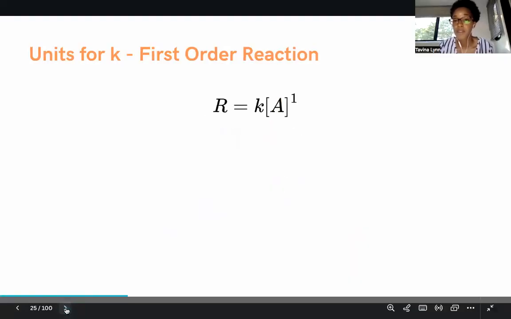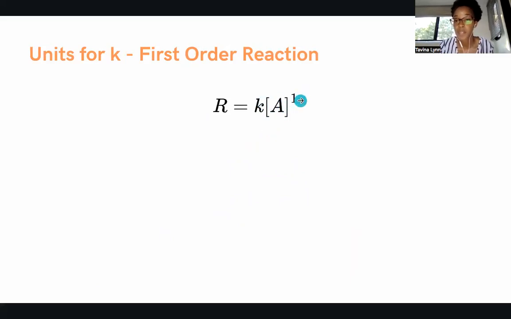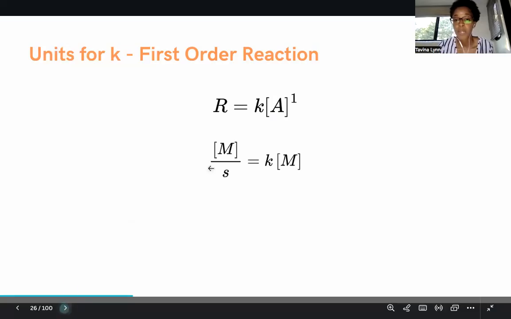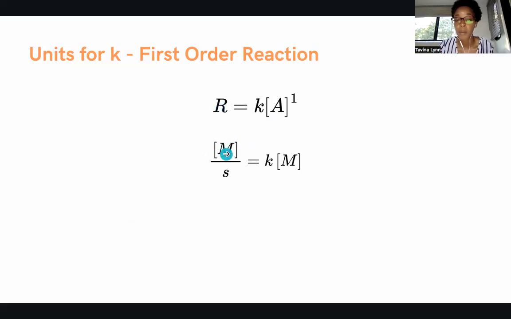Now let's look at a first order reaction where our rate law is rate equals K times the concentration of A raised to the first power. This is a first order reaction rate law. So plugging in our units for our rate, molarity per second is equal to K. Our concentration of our reactant is expressed as molarity, so we just plug in molarity here.